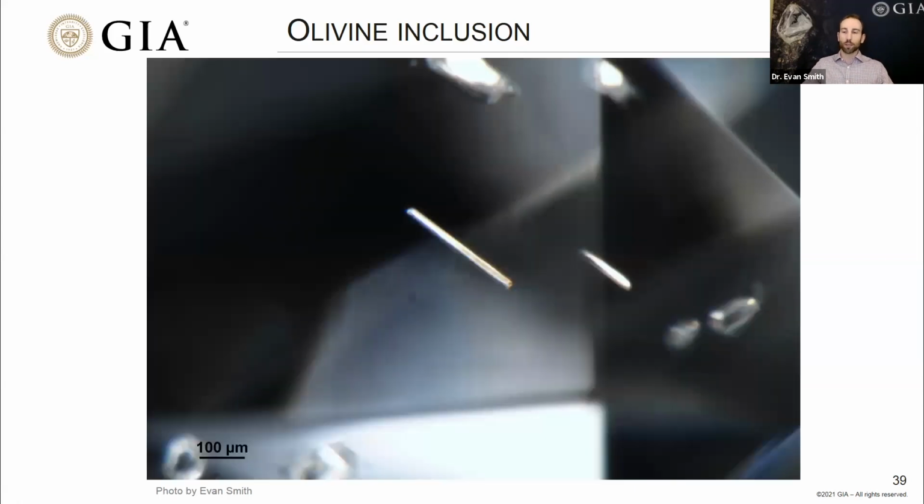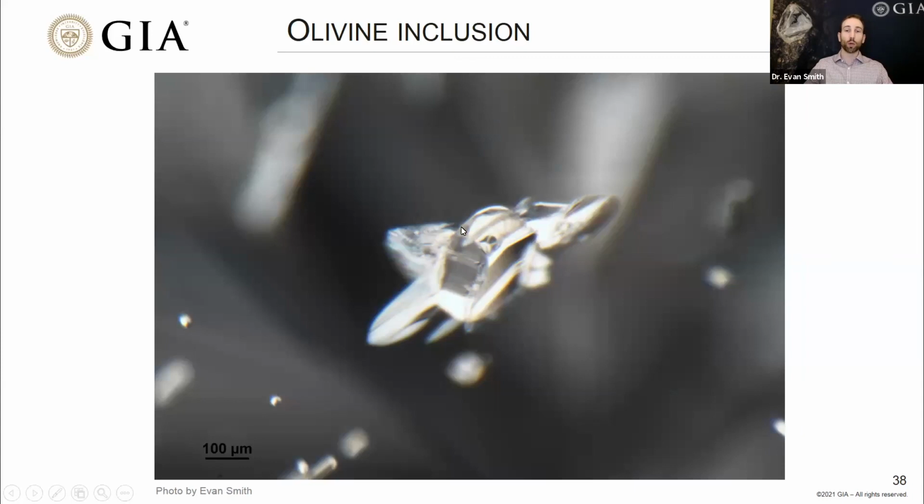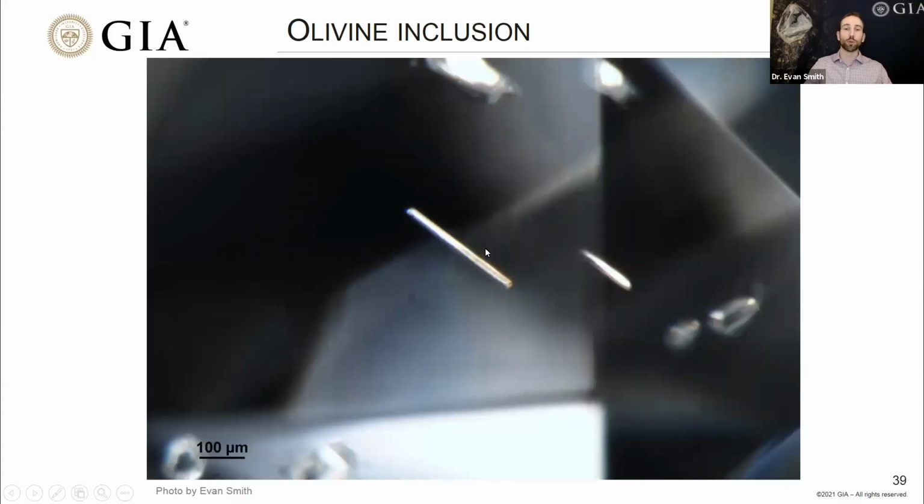It can look like this, a more equant crystal shape, but sometimes they can occur in more unusual shapes. This is a rod-shaped inclusion, and this again is olivine. The reason I can identify it as olivine is because I've done Raman spectroscopy on this particular sample and identified this material as olivine.